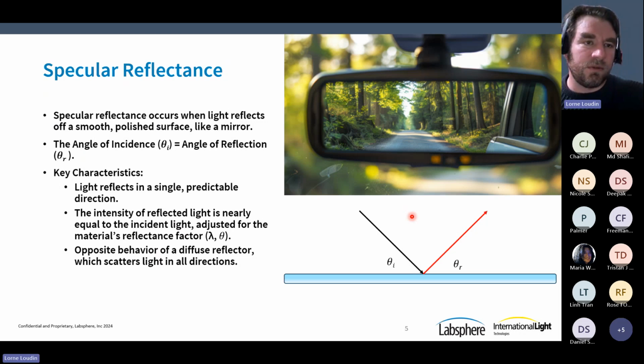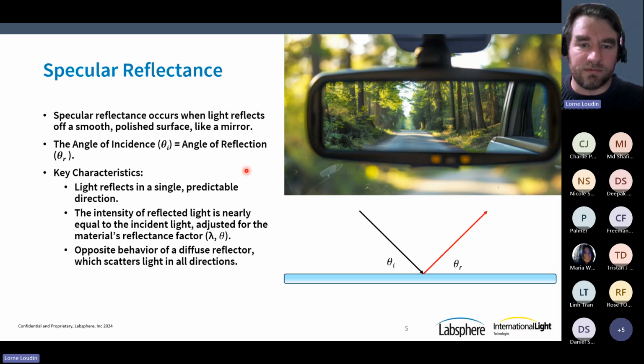So the type of reflectance that most people are familiar with, probably not the audience here because you're in a talk about diffuse reflectance, but most people in general intuitively understand specular reflectance because of mirrors. Specular reflectance occurs when light reflects off of a smooth polished surface like a mirror.